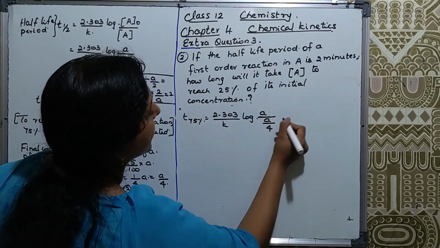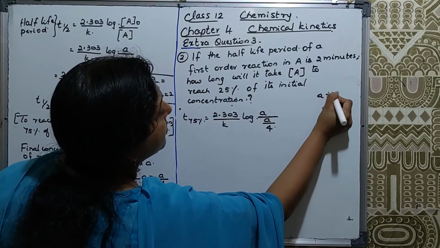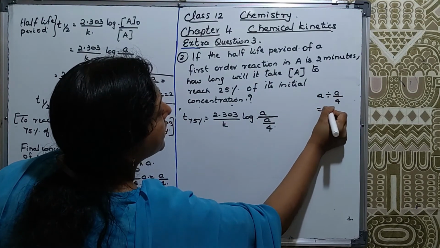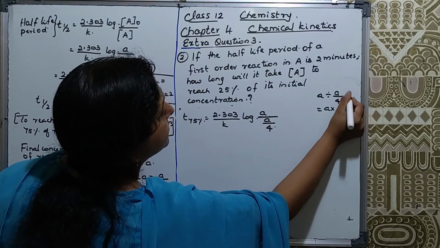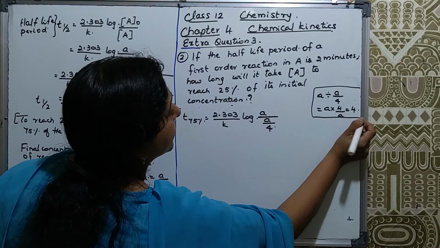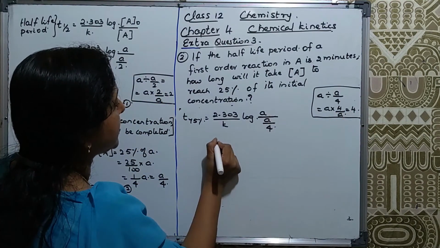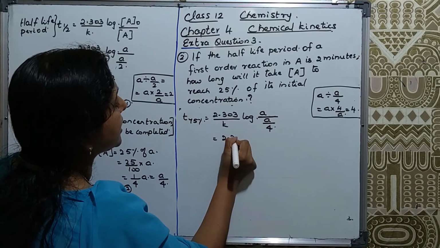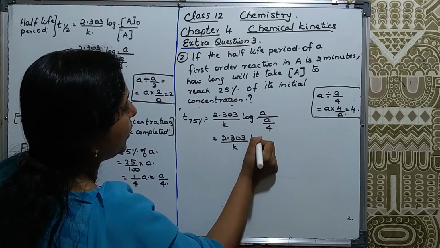When you take the reciprocal, this 4 goes to the numerator, because A divided by A by 4 is 4 by A, so it will be 4. So we get 2.303 divided by K log 4.